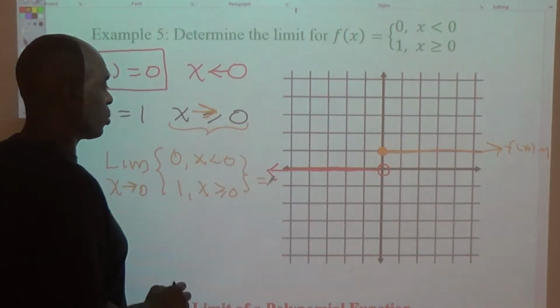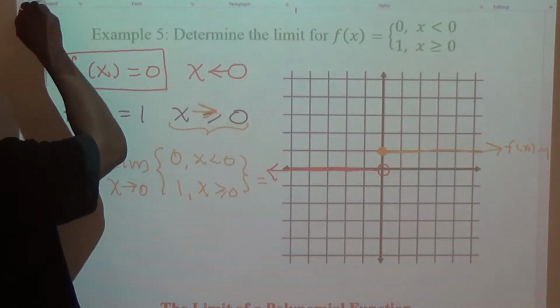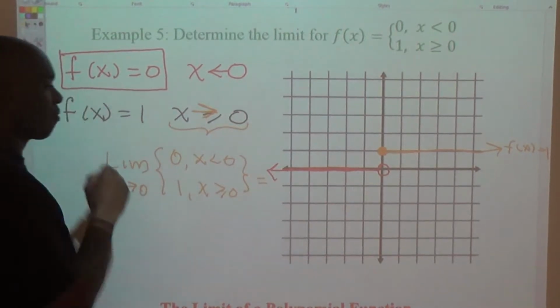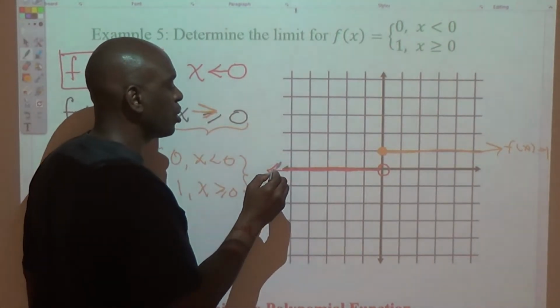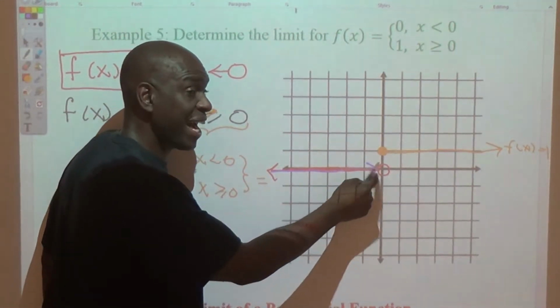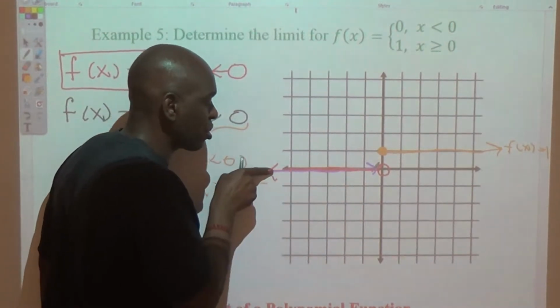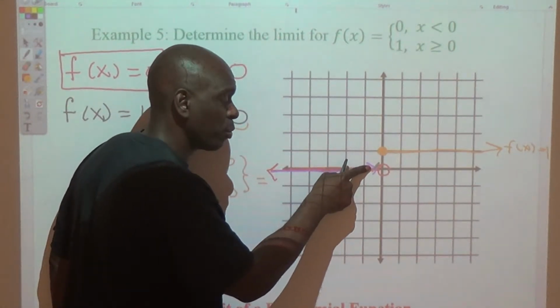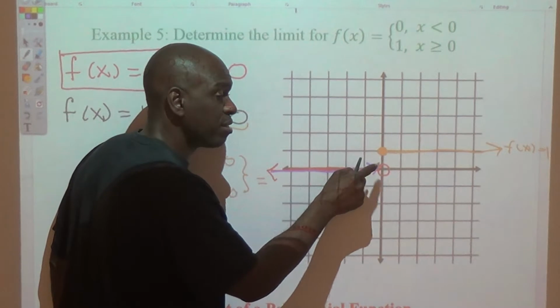This limit equals, well, let's see what it equals. As I go to 0 this way, what is my value? What's the y value? As I go to 0 from this direction, what's the y value? The y value is 0.